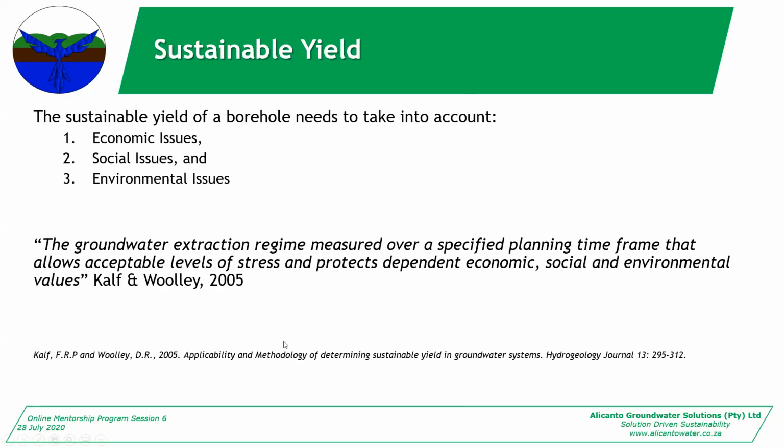So if you can, I'd suggest you read this paper, if you can get hold of it. It goes through the concepts of sustainable groundwater development quite nicely. And it's written in the Australian environment, which is fairly similar to the South African one, geologically and climate-wise.